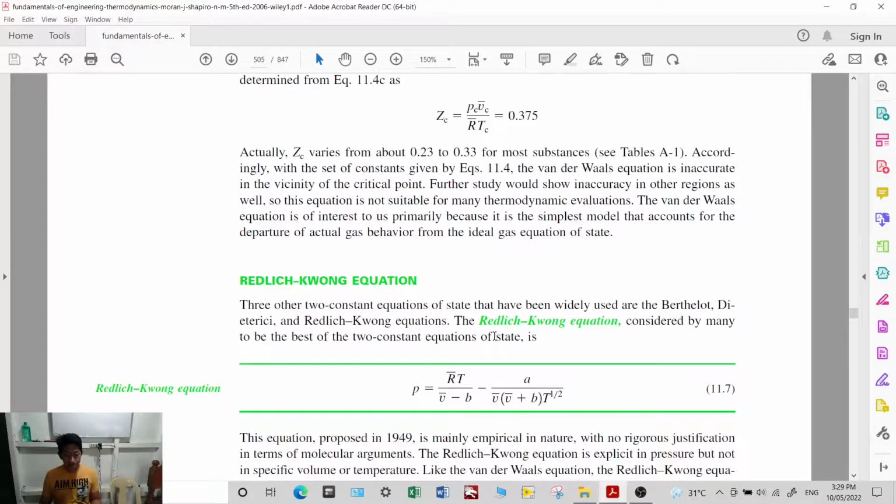Another improvement on the ideal gas equation is the Redlich-Kwong equation.